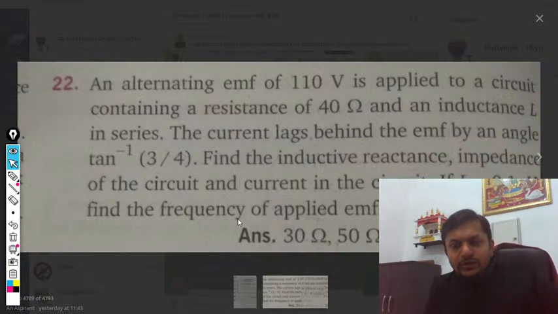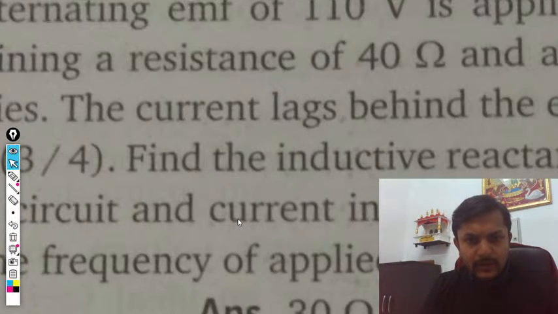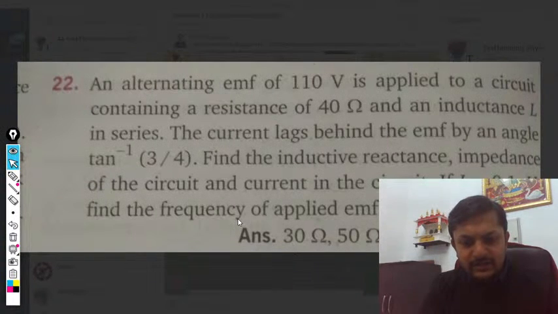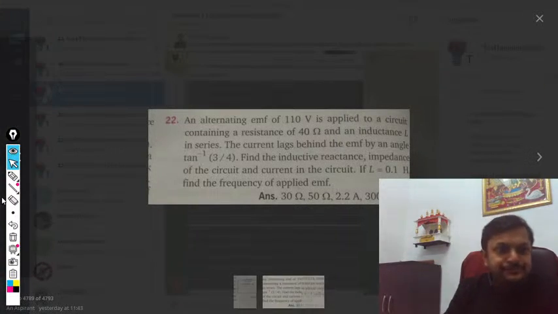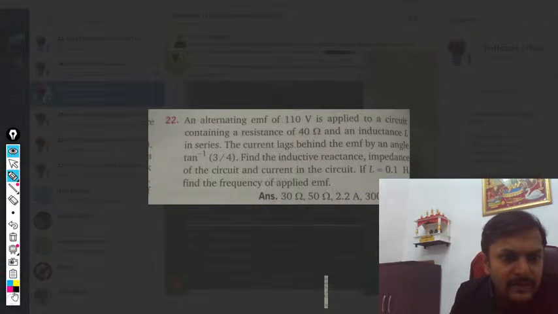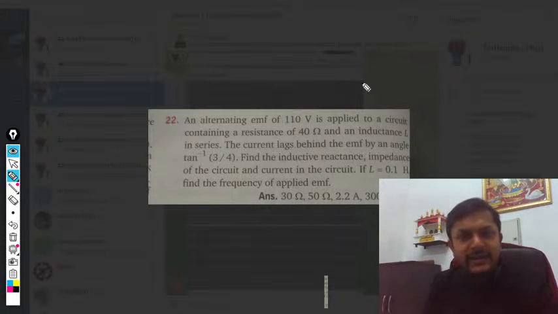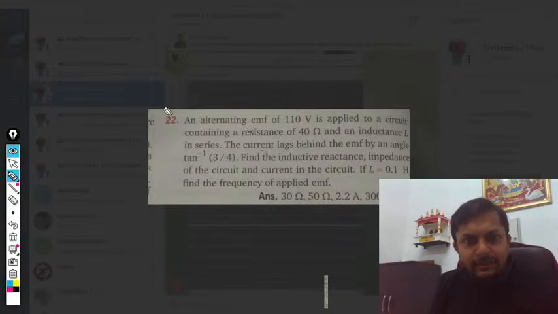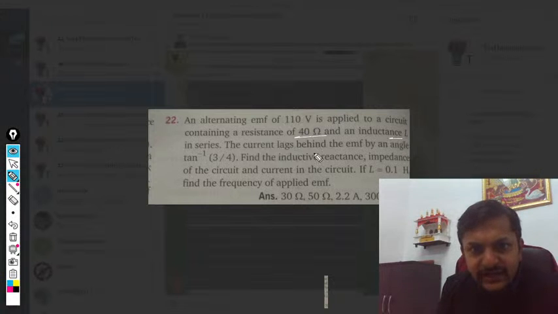So this is another question. Let us try this now. So now an alternating EMF of 110 volt is applied to a circuit containing resistance and inductance.